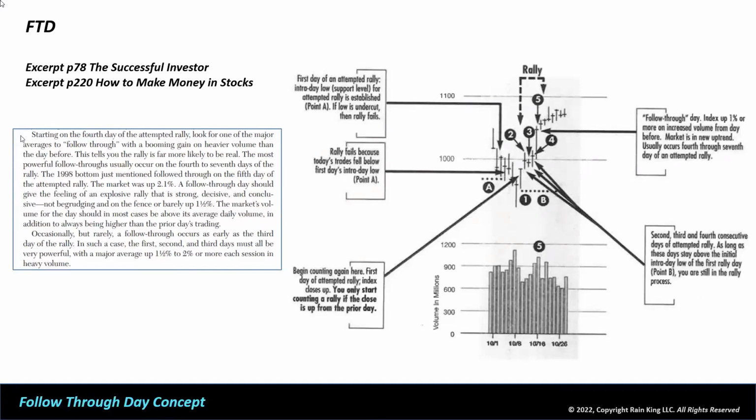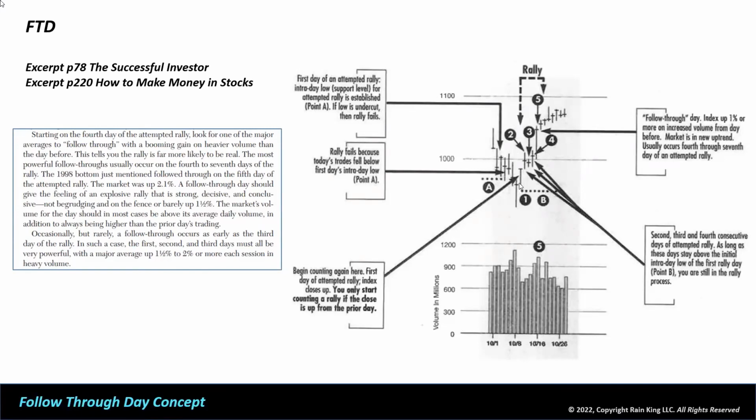You can see here, Bill says, starting on the fourth day of an attempted rally, you look for one of the major averages to follow through with a booming gain on higher volume than the day before. This tells you the rally is far more likely to be real. The most powerful follow-through days usually occur on days 4 to 7 of the rally. And it goes on to talk about the 1980 bottom, which is actually this diagram to the right.